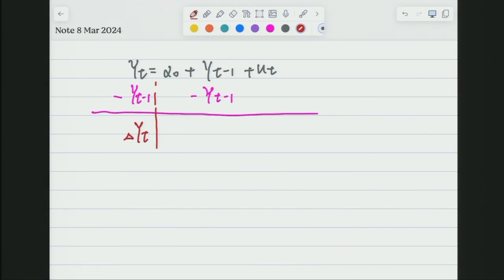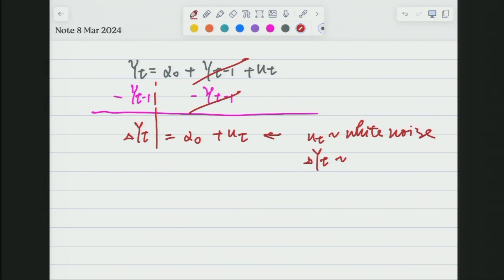And on the right-hand side, the immediate lag cancels out with itself, and what is left is just alpha naught plus ut. And we know that this first difference is stationary, given that ut is a white noise.